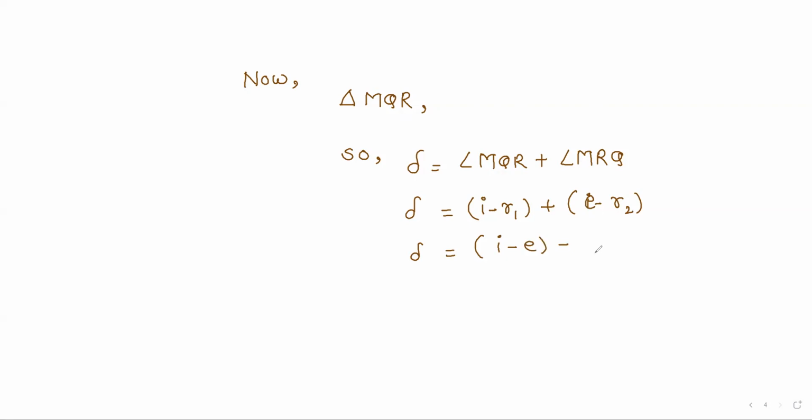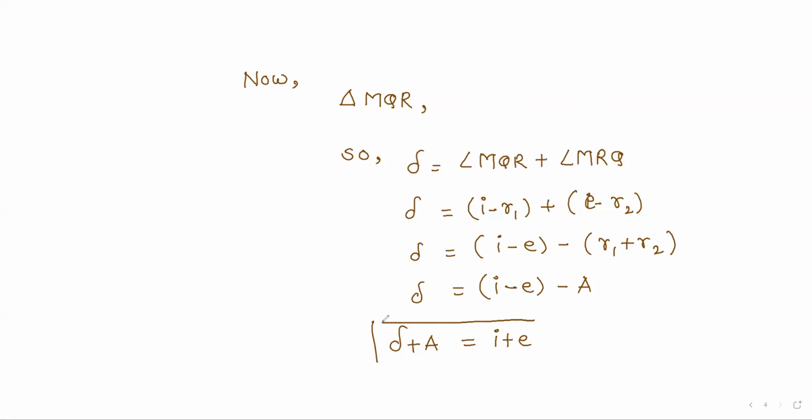The negative sign we will again take common, R1 plus R2. Now instead of R1 plus R2, I can substitute the angle of prism. So just change the side of this angle of prism. So we can say delta plus A is equal to I plus E. This is our deviation condition.